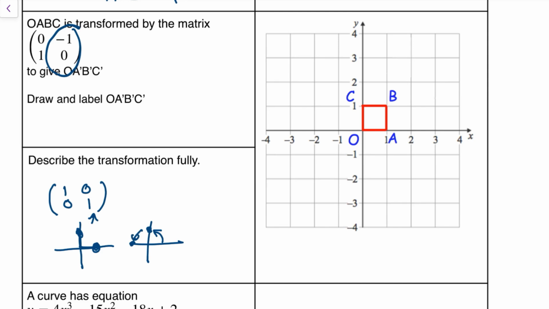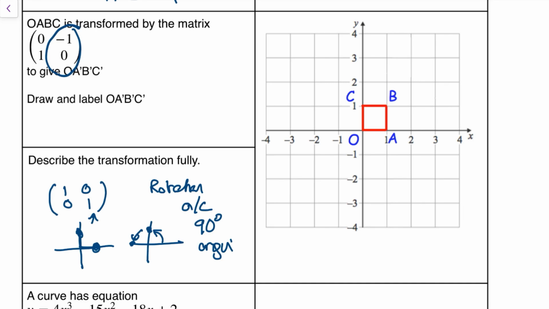So it looks like it's just rotated around. So indeed, I'm pretty sure this is a rotation. The direction is anti-clockwise, the amount is 90 degrees, and it is around the origin. All four of those things are needed. So a rotation anti-clockwise by 90 degrees around the origin.